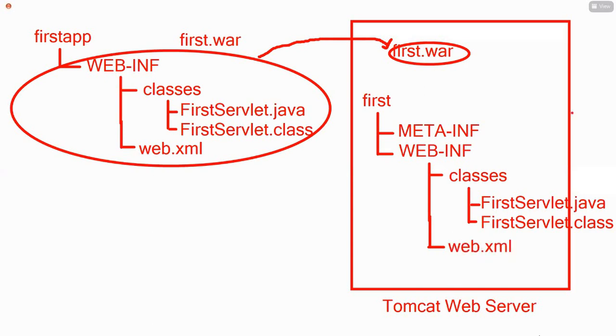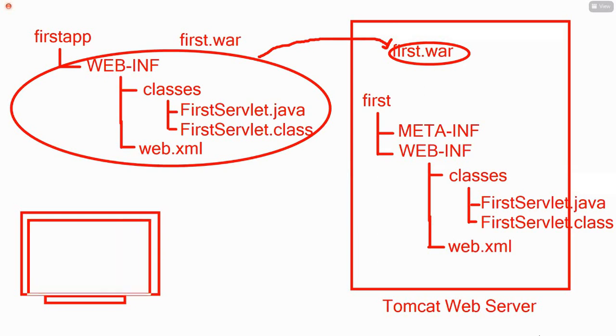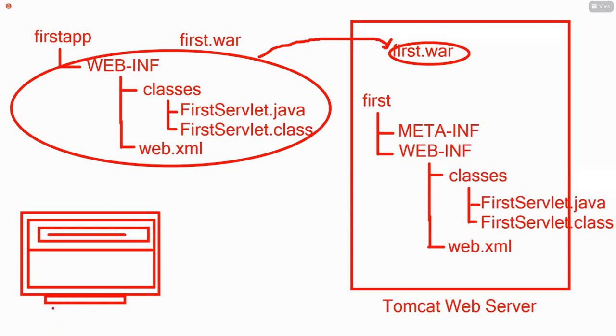Now from the browser window, here it is the web client. Here I typed HTTP first, so my browser is communicating with the server. The server is on the same computer, Tomcat.